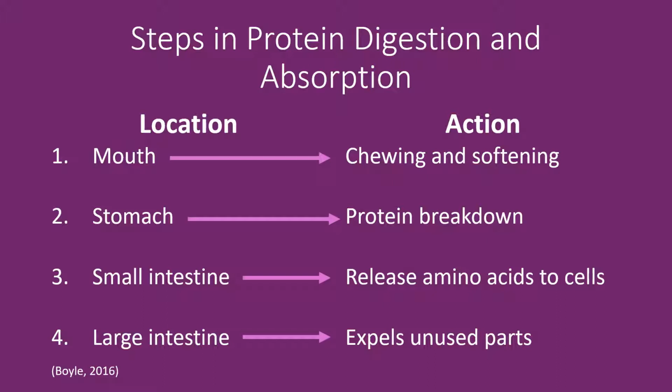The cells on the surface of the intestine split the peptides into amino acids, absorb them, and release them into blood. The receiving cells then use what they need. Finally, the large intestine carries unused proteins out of the body.